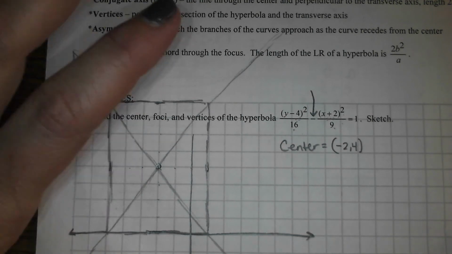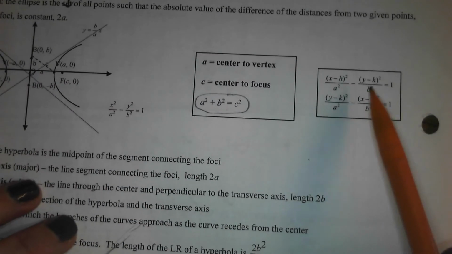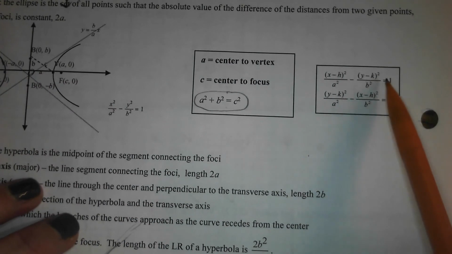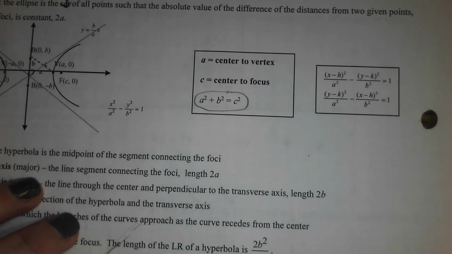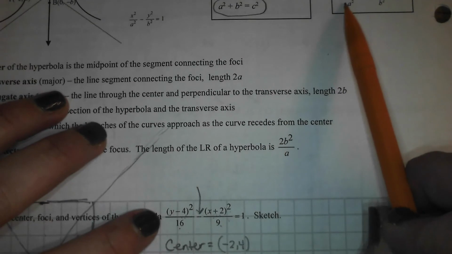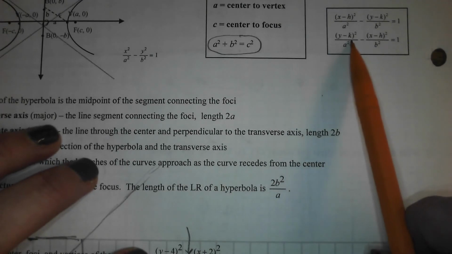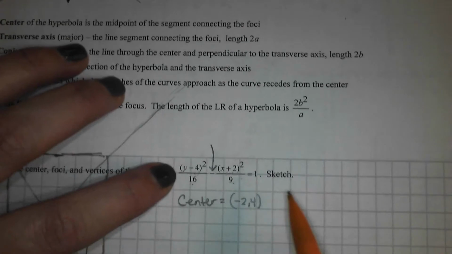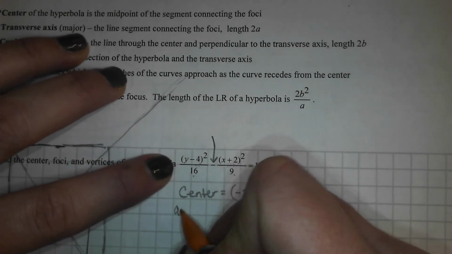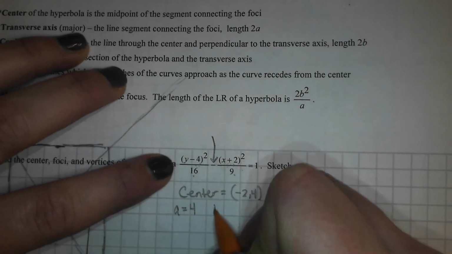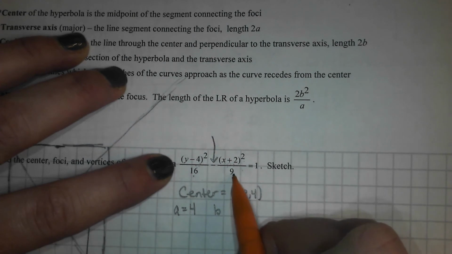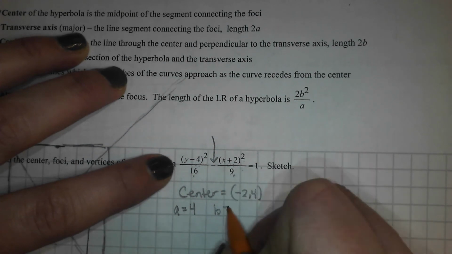So if I look up at my 2 structures for a hyperbola, is this the first one or the second one? It's the second one because the y is coming first, yes? So what is my A value? And what is my B value? Yeah, 4 and 3.